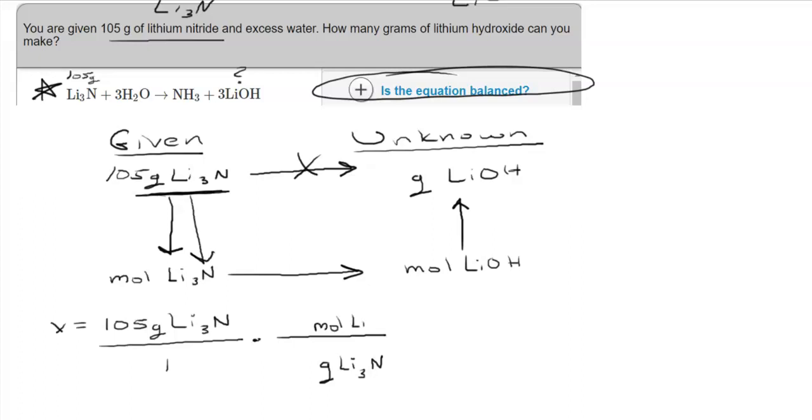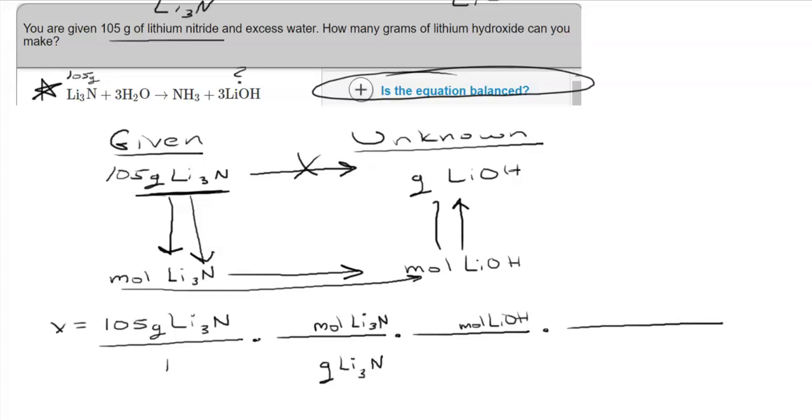Just going to follow my arrows. Times sign and a line. From moles of lithium nitride, I'm trying to get to moles of lithium hydroxide. Right? And then from moles of lithium hydroxide, I'm going to grams of lithium hydroxide. Notice what I put up here.